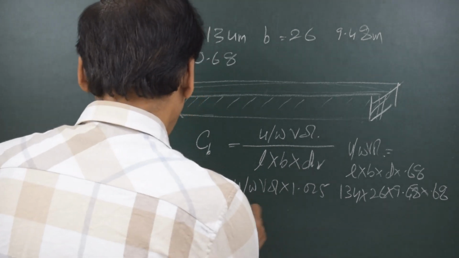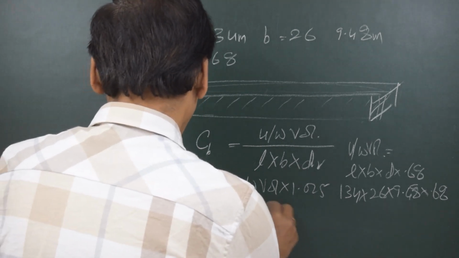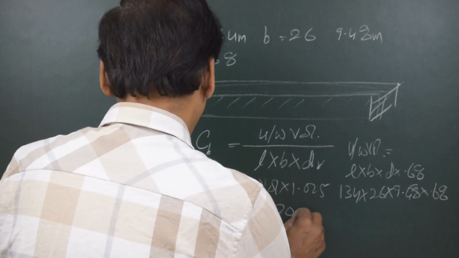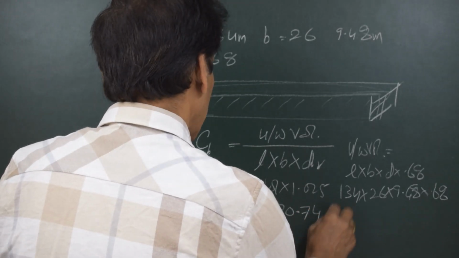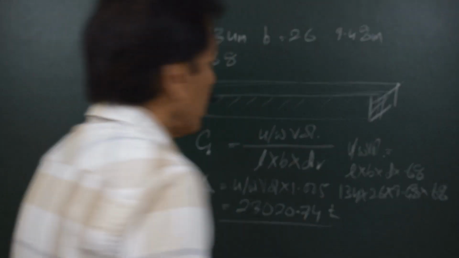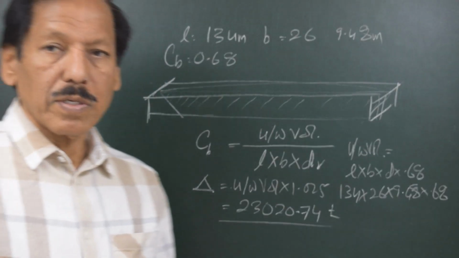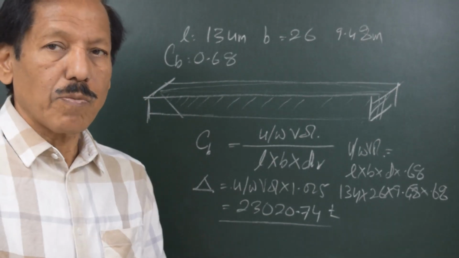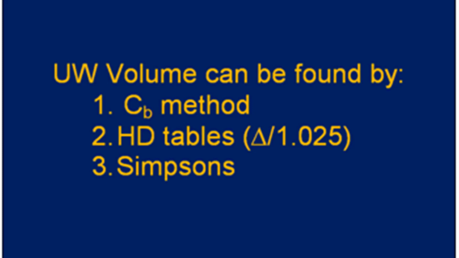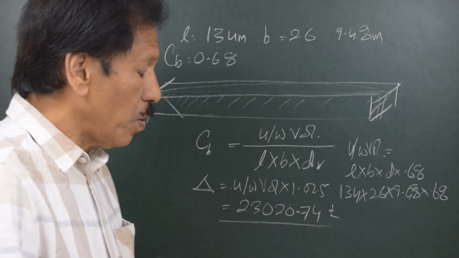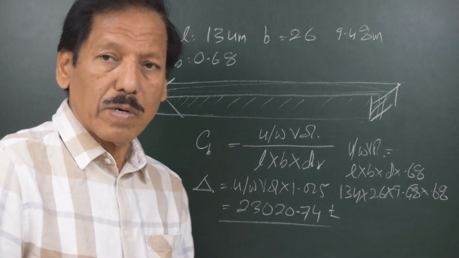So displacement is nothing but 23020.74 tons. This is how I find out the underwater volume and displacement of the ship, by the block coefficient method, when you know the block coefficient at a particular draft.